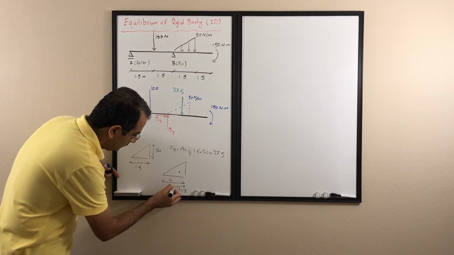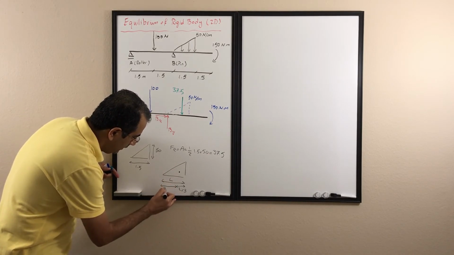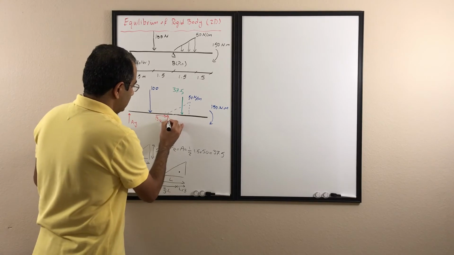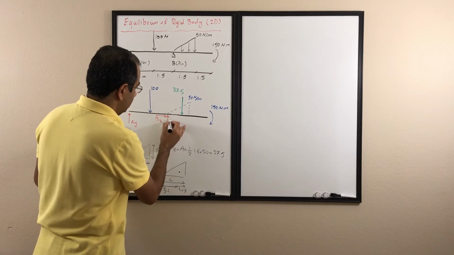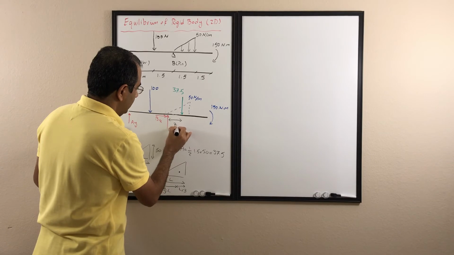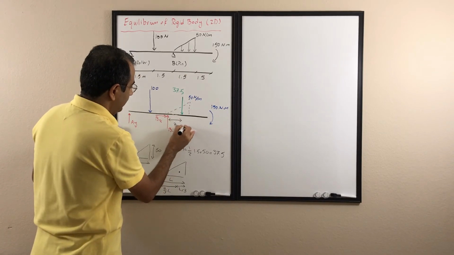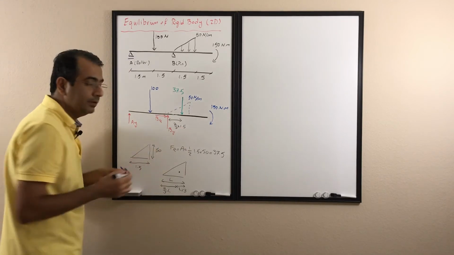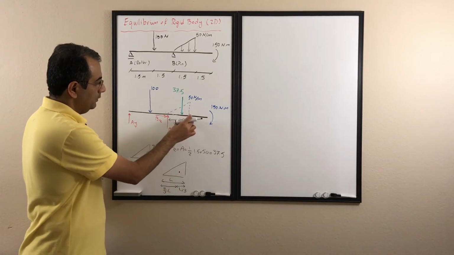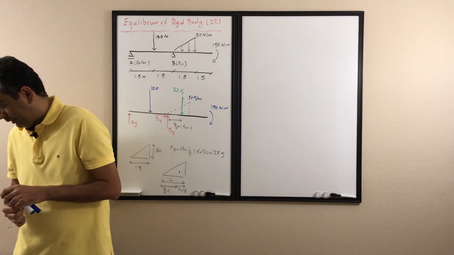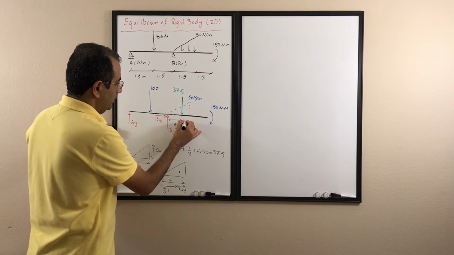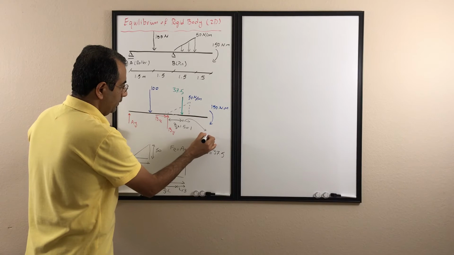If this is L, this is 1/3 and this is 2/3 of L. So the distance from point B is 2/3 of 1.5, which is just 1, and the other part is only 0.5, which is 1/3 of 1.5.